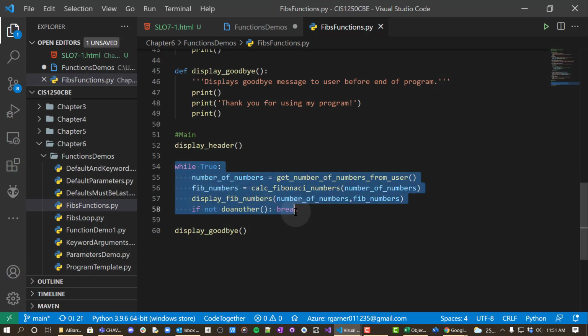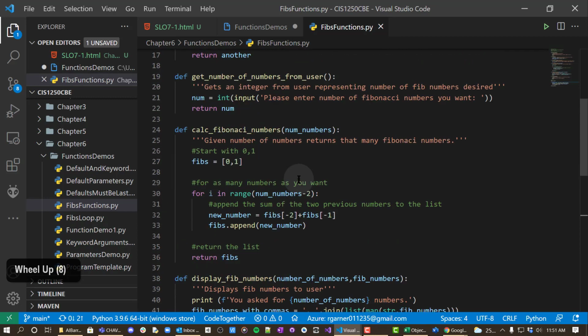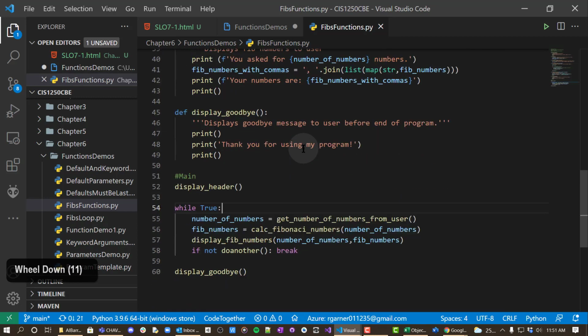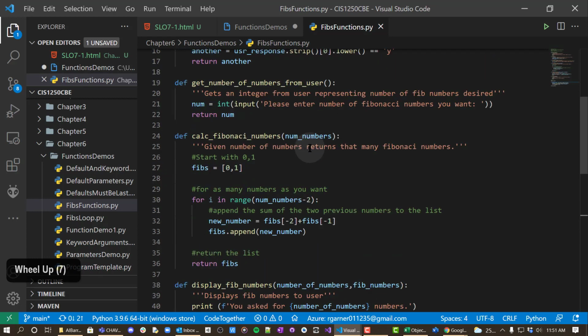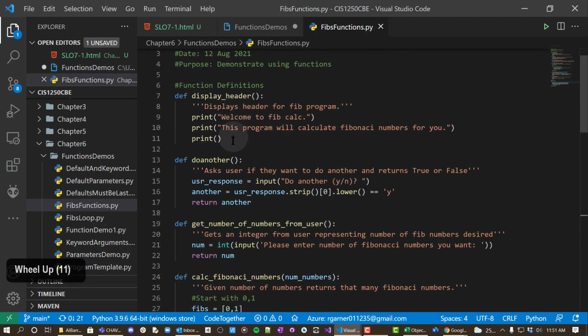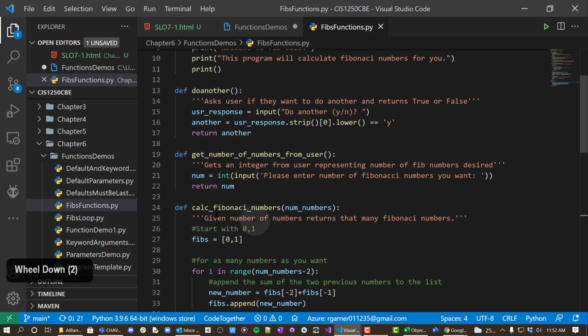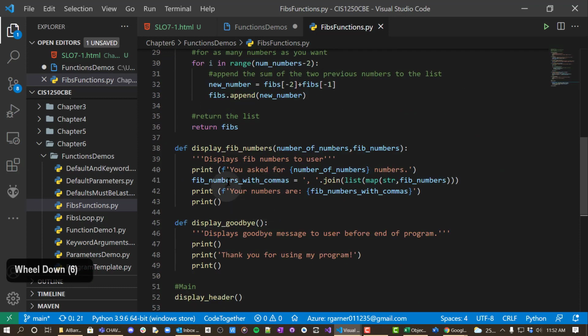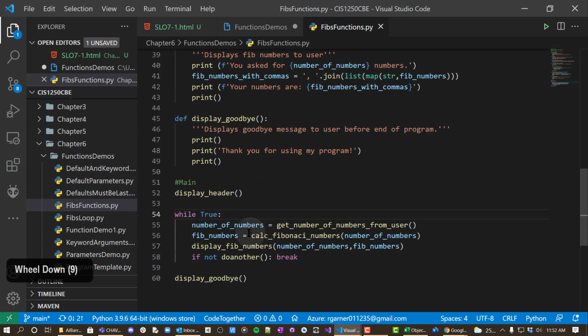And we put things into, for example, this while true block, the do another, and everything is in a nice tree structure if you look at this, and executes nice and smoothly. So the organizing principle here is we're going to break our complex code up into individual pieces, define those as functions, and then call those in main in a nice logical structure.